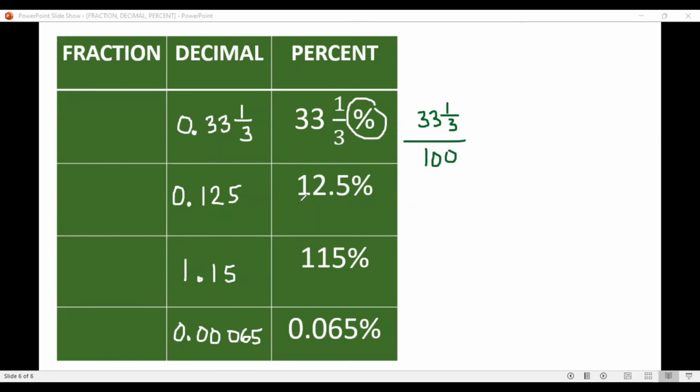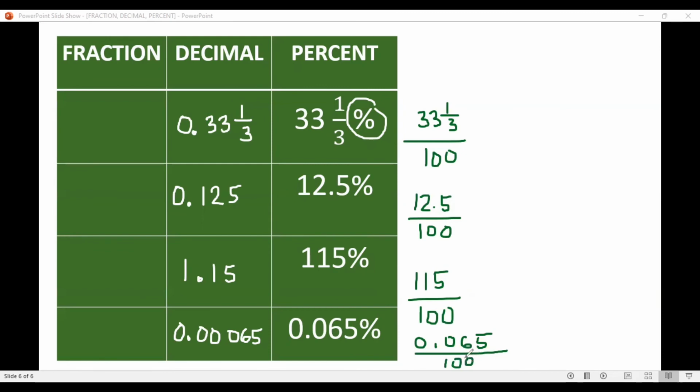Okay? So the 12.5%, that actually means 12.5 over 100, if I am removing now the percent sign there. And so with the 115, this 115 would simply mean 115 over 100. And of course, the 0.065, and then again, this is all over 100.